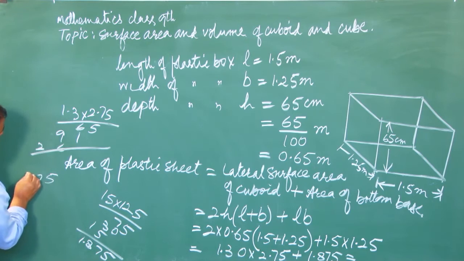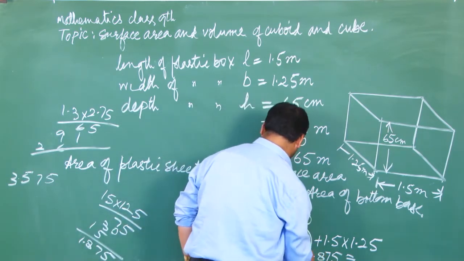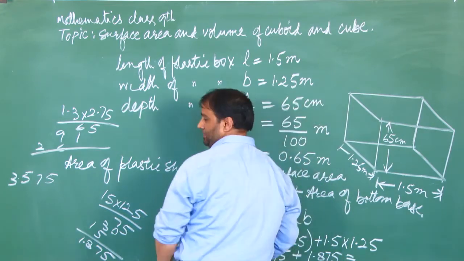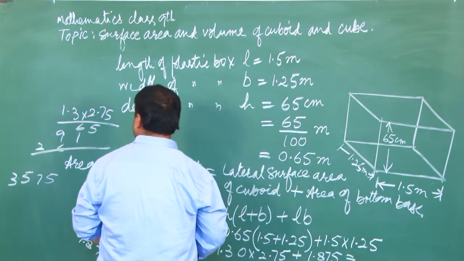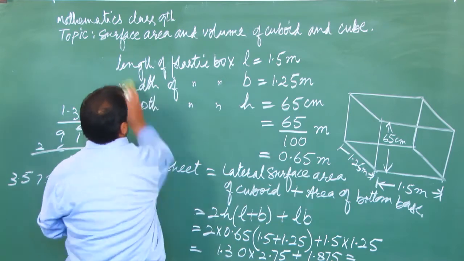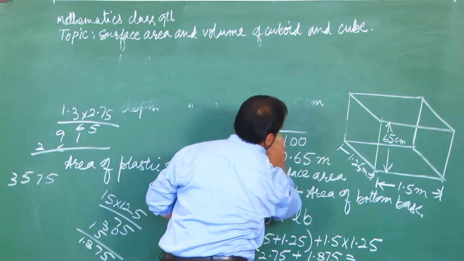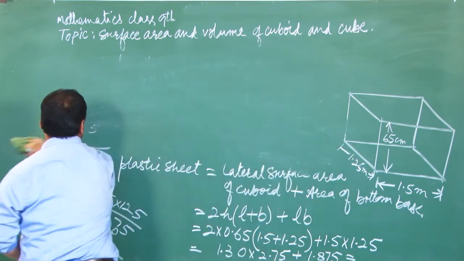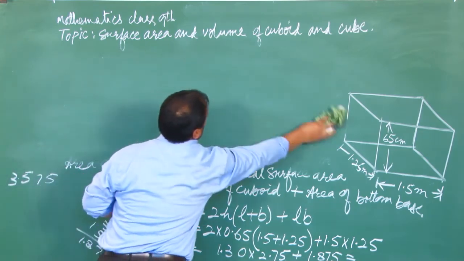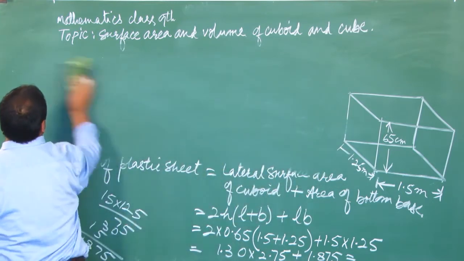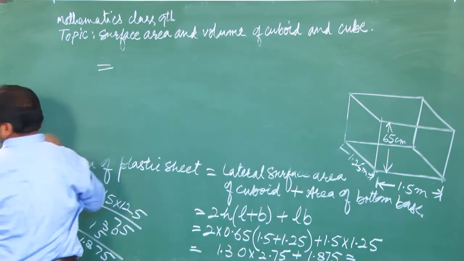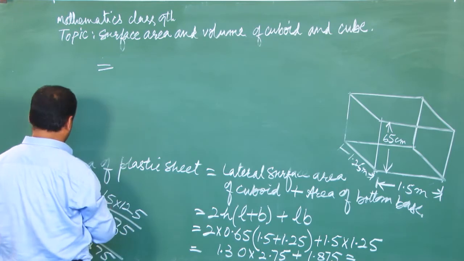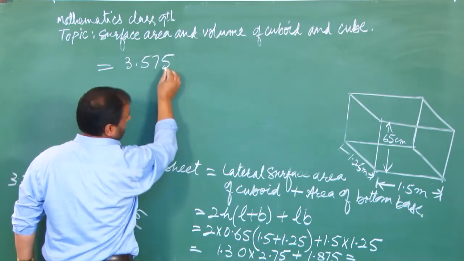It is 3.575, which is equal to 3.575 plus 1.875.